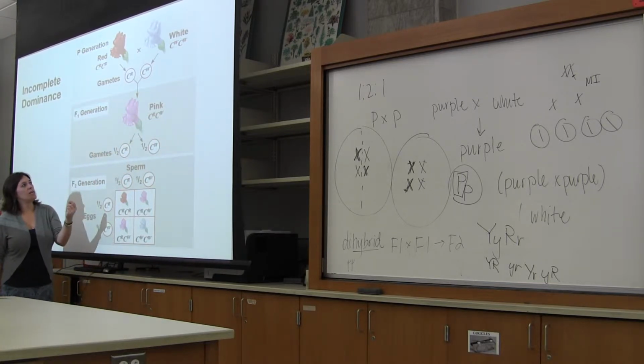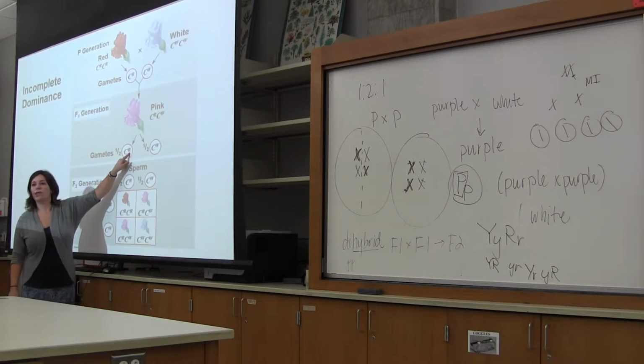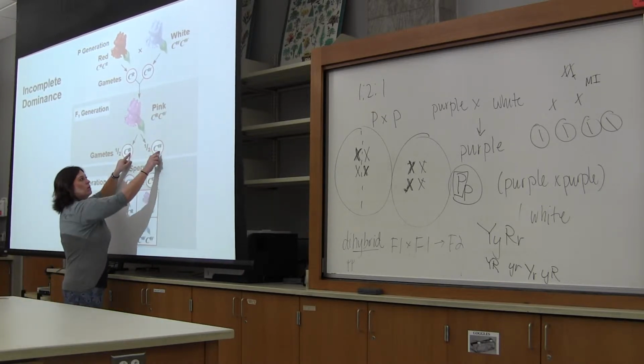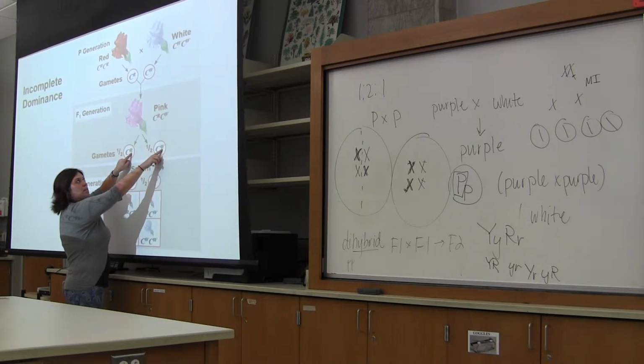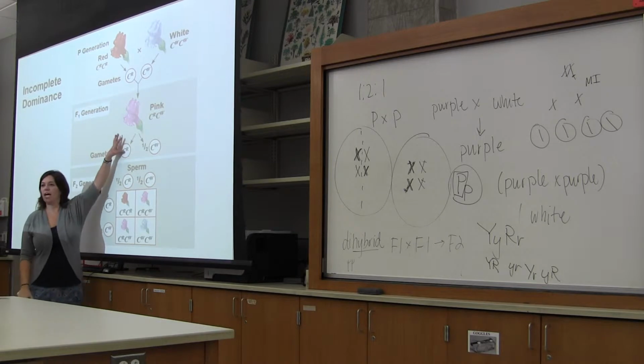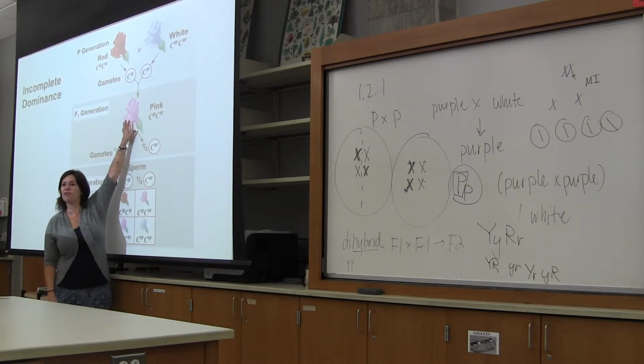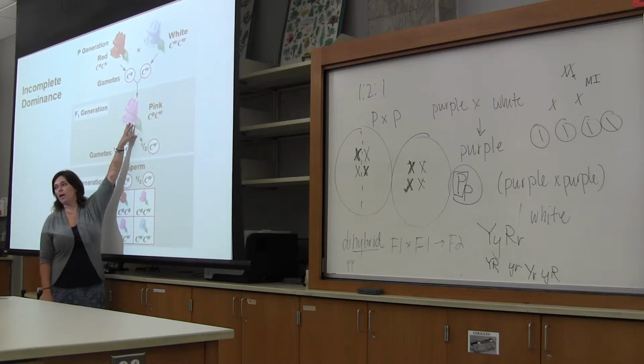When we cross them, we get one allele from the red plant and one allele from the white plant. And so we end up making these heterozygous plants that are going to be pink. They're going to show this kind of intermediate phenotype between the original parents.